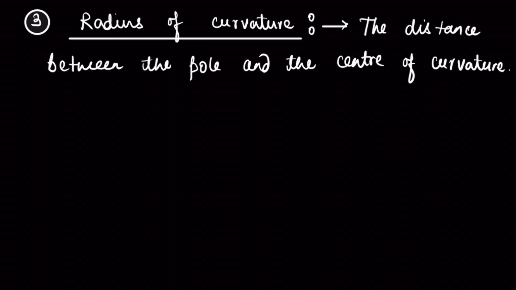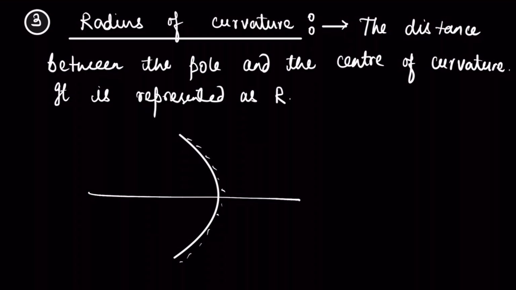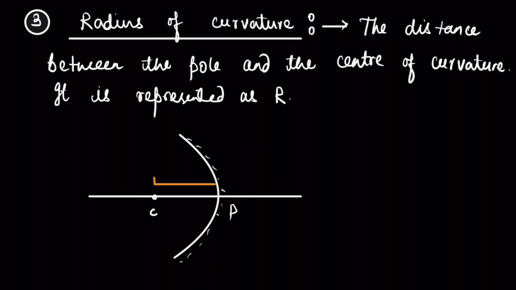It is represented as capital R. So if we have a concave mirror and this is the pole and here is our center, the distance between center of curvature and the pole is called as radius of curvature.